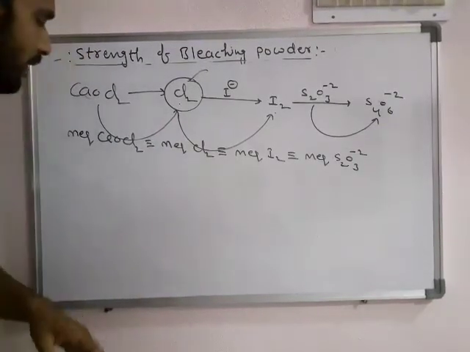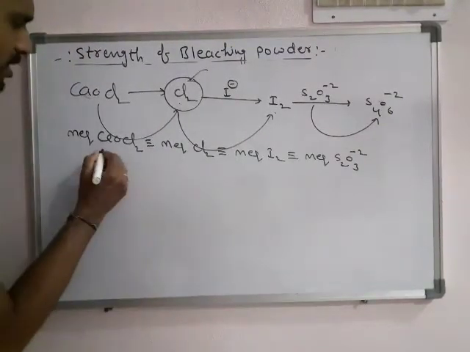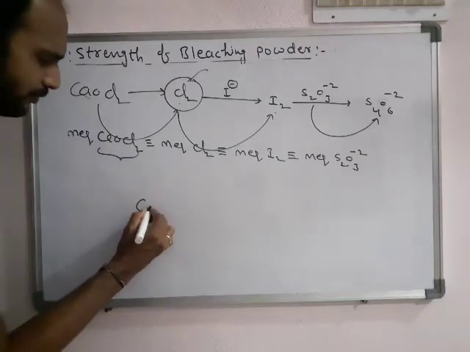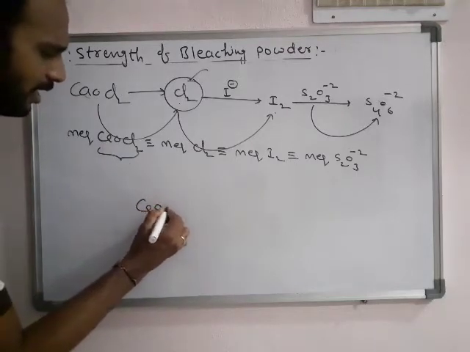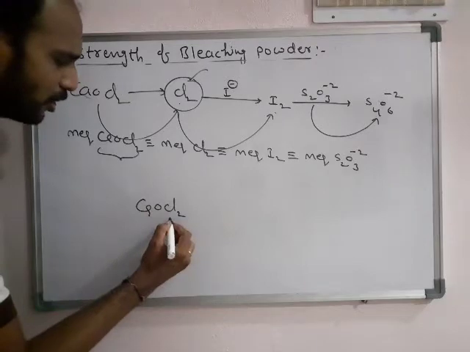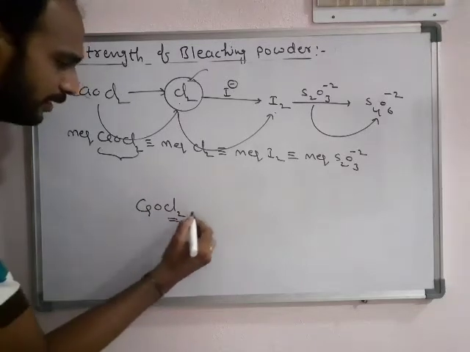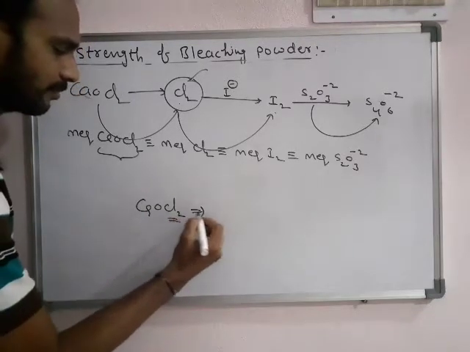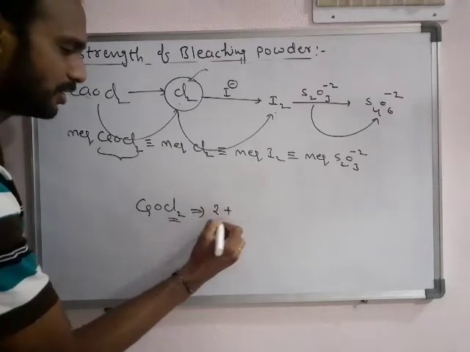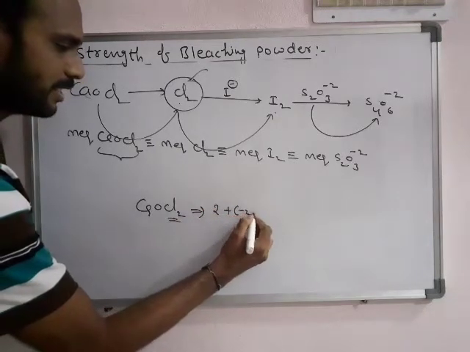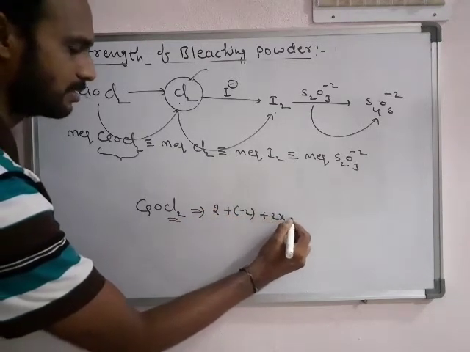Generally, what is the importance of bleaching powder compound? If you calculate the chlorine oxidation number in bleaching powder: for calcium we know it is 2, for oxygen it is minus 2, and for chlorine, 2x.